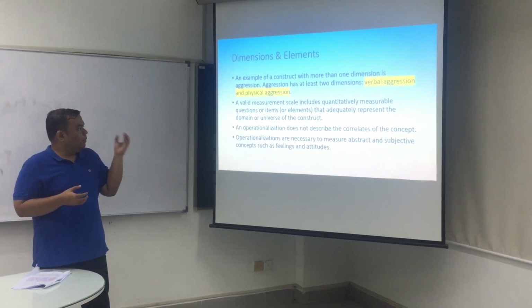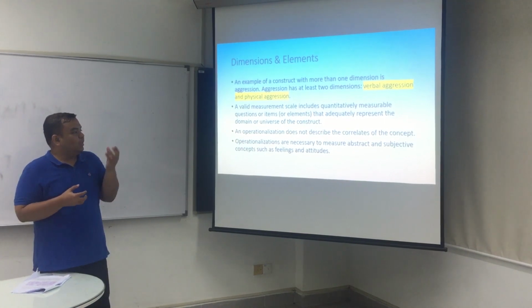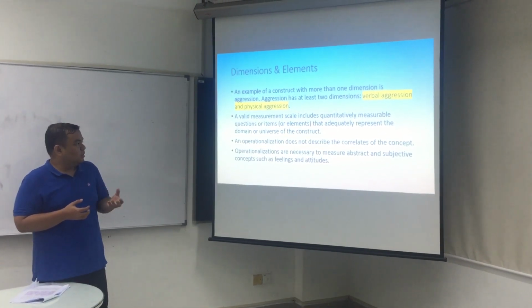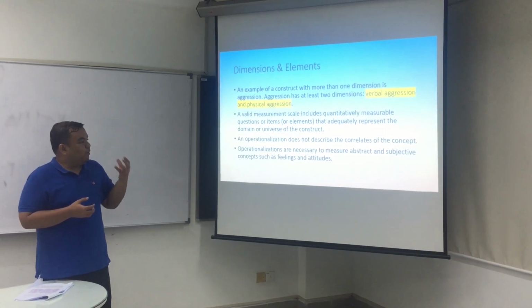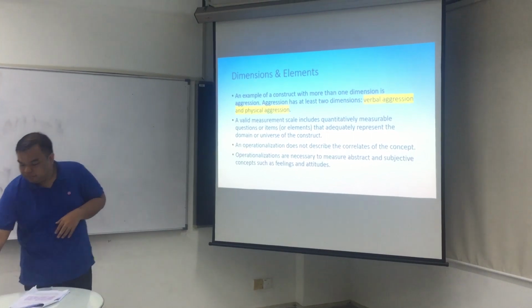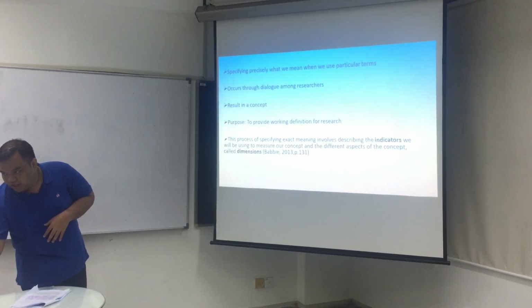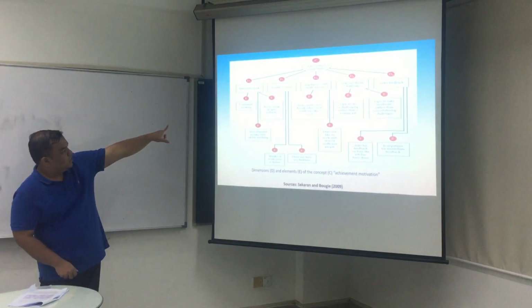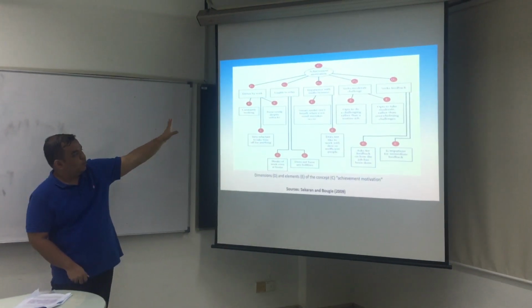Next is a valid measurement scale. It includes quantitatively measurable questions or items or elements that adequately represent the domain or universe of the construct. See, this construct has a dimension that we will measure.